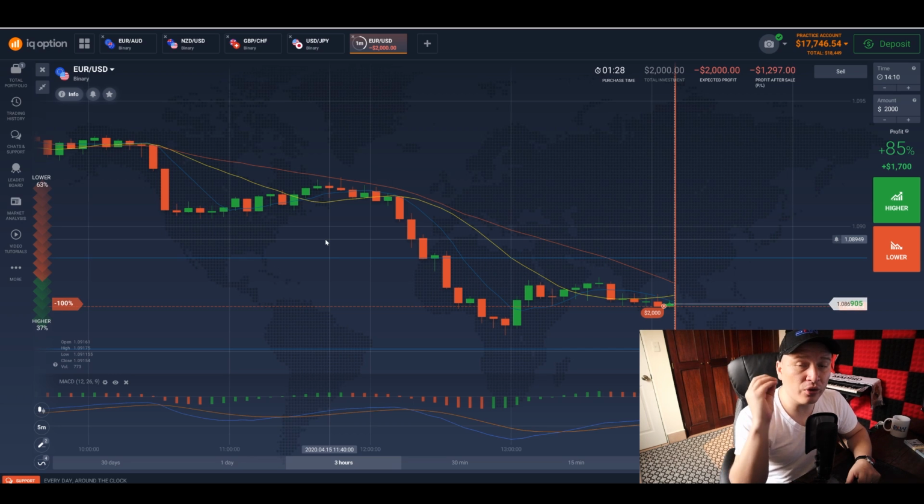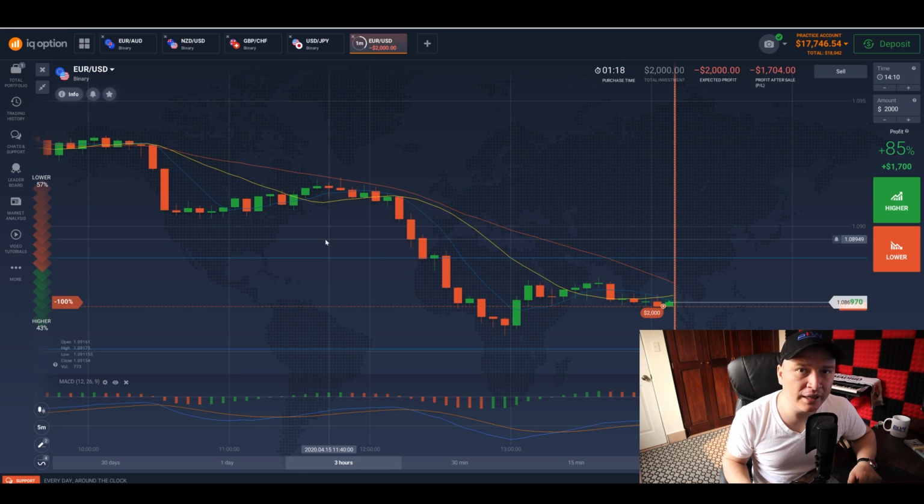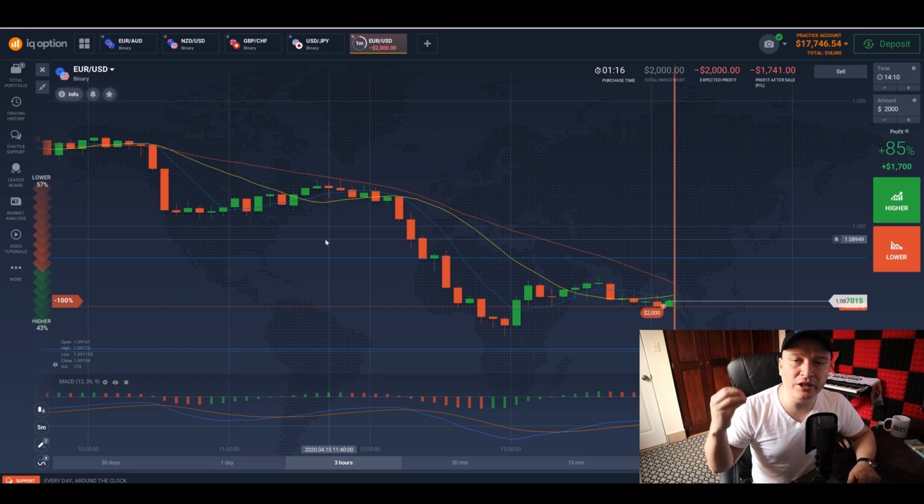But if you follow these instructions, you will be placing at least half of the trades, if not even less, let's say 10 to 20 trades per day. But your profitability, your accuracy will be a lot higher when it comes to using this strategy.